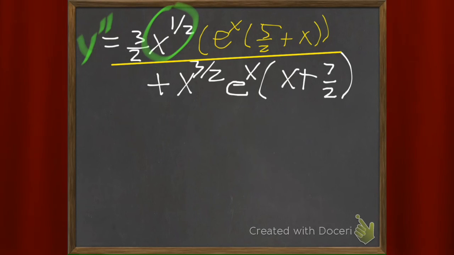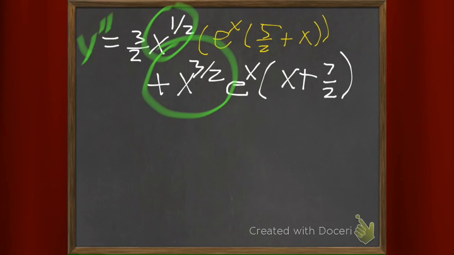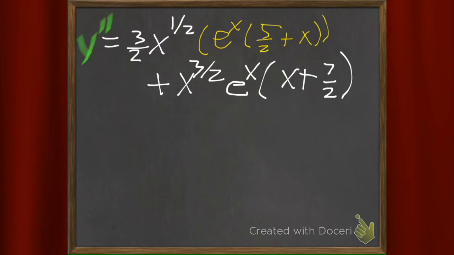So I only have 2 terms. So I'm looking for things in common. I'm pulling out my x's. So I take out the smallest power, which is x to the 1/2. So I pull x to the 1/2 out. I also see an e in common. So I'm going to pull that e.